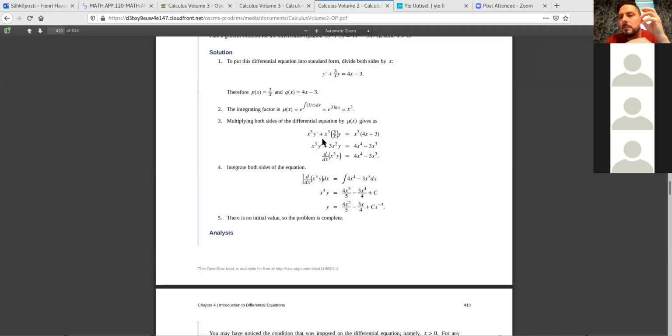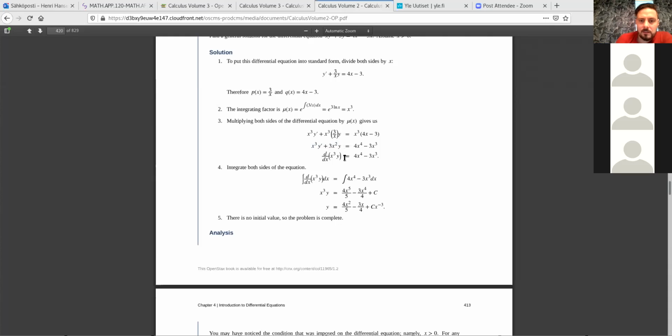Because if you did calculate the integrating factor correctly, then after the multiplication, this left-hand side should become the derivative of y times the integrating factor. If it doesn't, then you've either calculated the integrating factor wrong, or maybe you've deduced this wrong, backwards. So make sure, this is one place where you can double check.